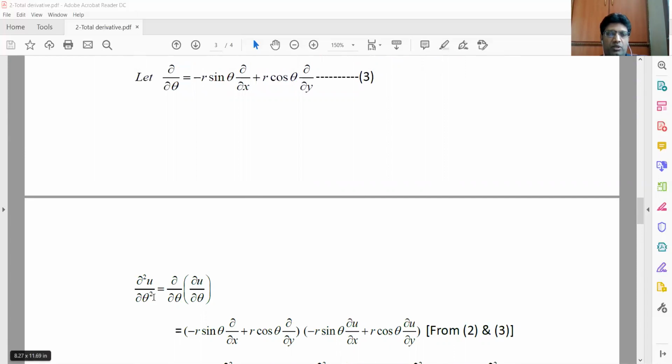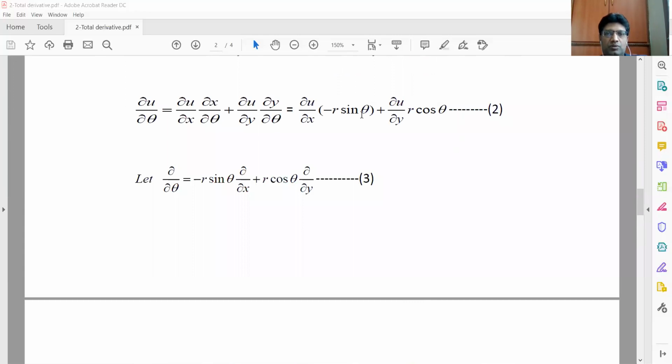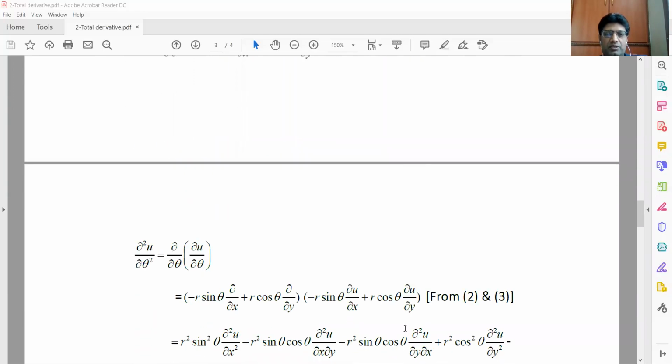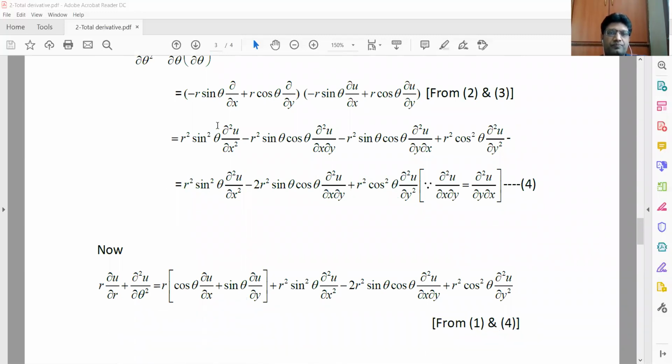∂²u/∂θ², we are writing it as ∂/∂θ of ∂u/∂θ. ∂/∂θ, this value is from 3, this one. ∂u/∂θ from 2, that is written here from 2 and 3. Now we have to simplify this one.